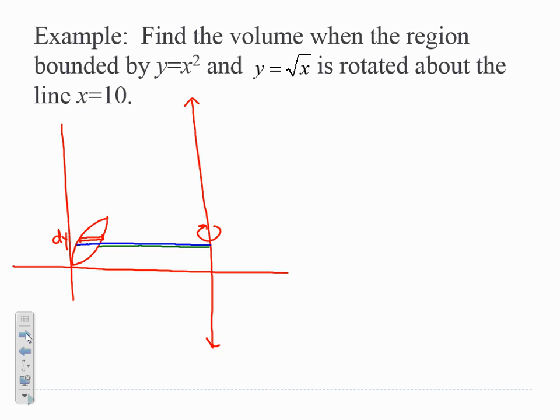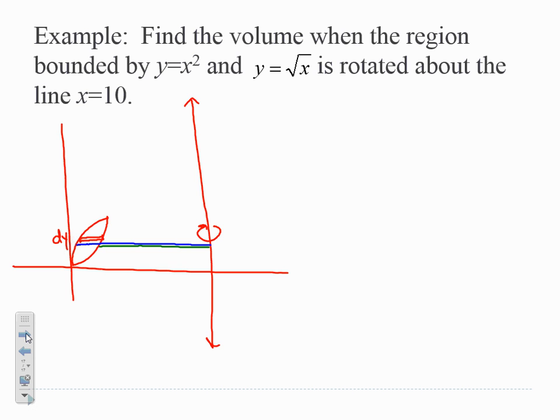Why do they switch? Because we're rotating about an axis that is on its right side. So we are rotating around something that was on the left. Now we're on the right. So all you have to keep track of, right minus left, right minus left.